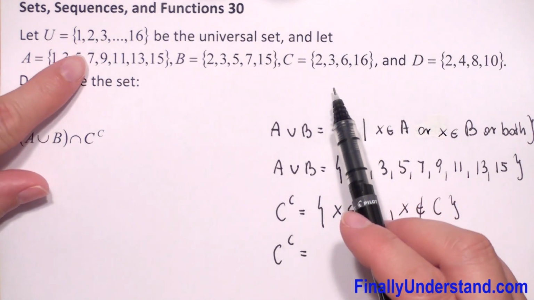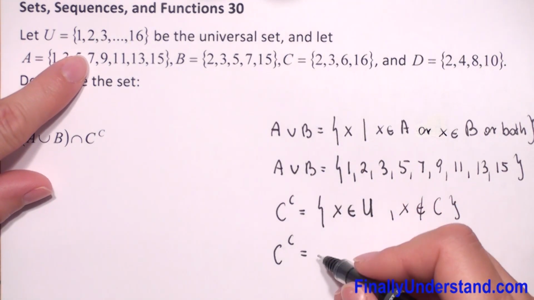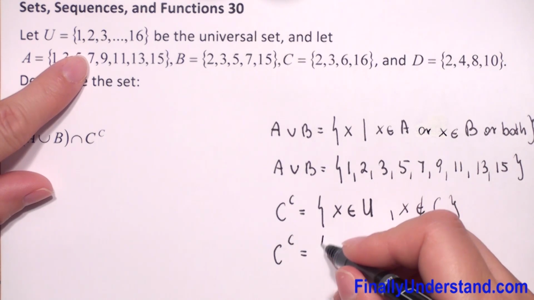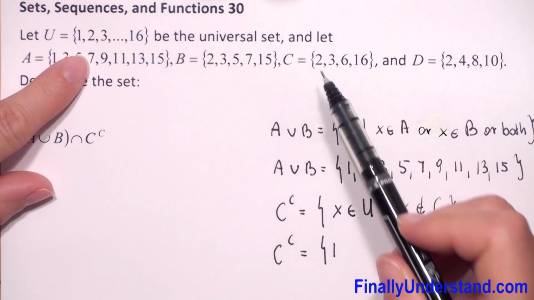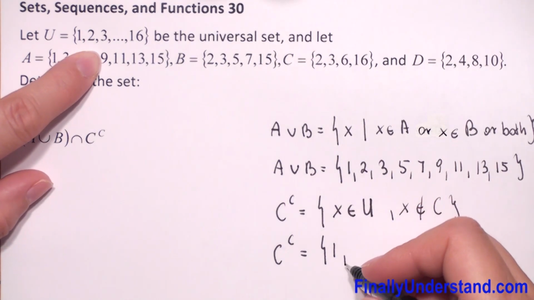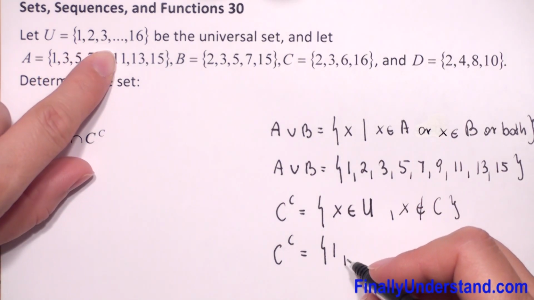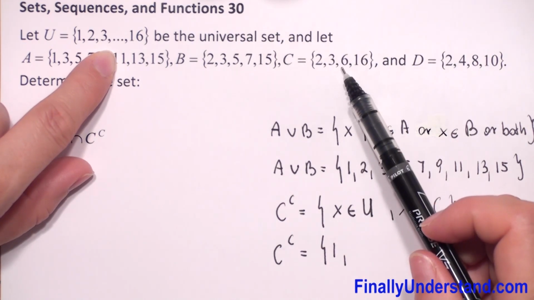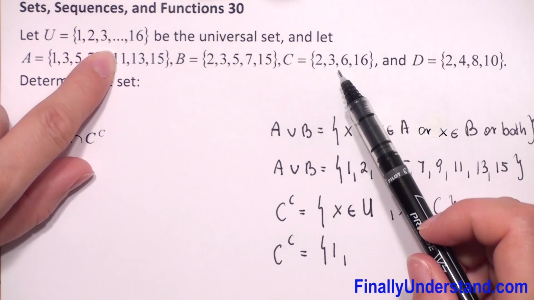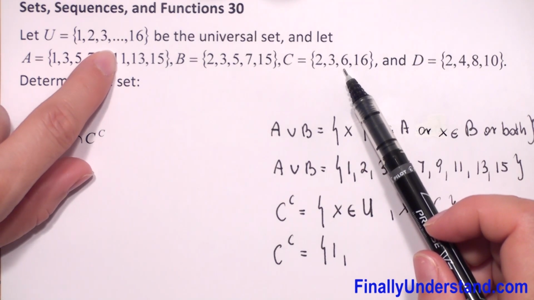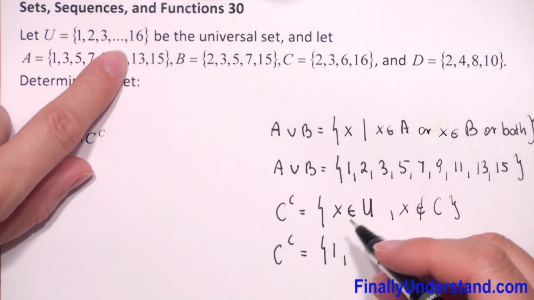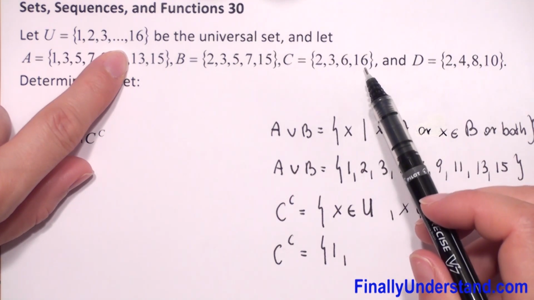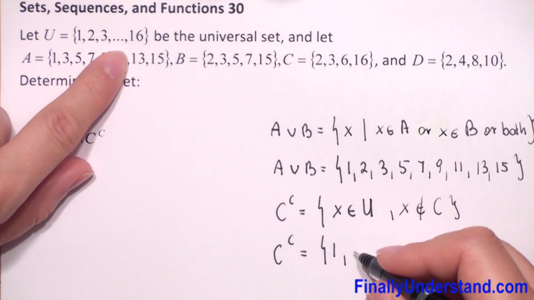So we have to put to complement of C 1 because 1 is not in set C. Next we have 2, so 2 we don't put. 3 we have here, so we will not copy 3 because 3 we have in set C. Next we have 6, 6 we have in set C, so we don't put, and next we have only 16, so the rest elements we have to copy.